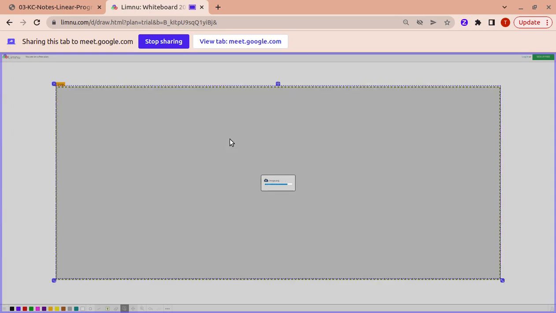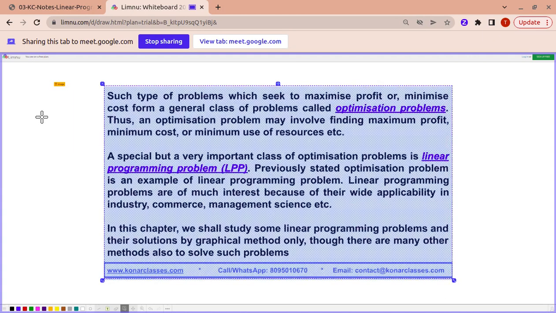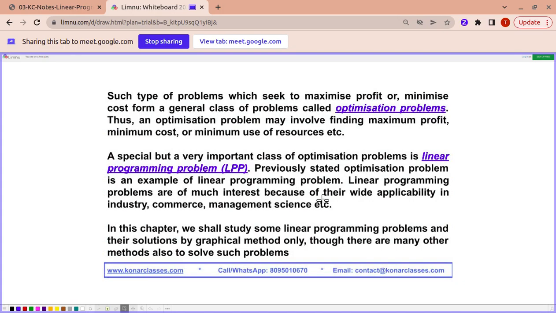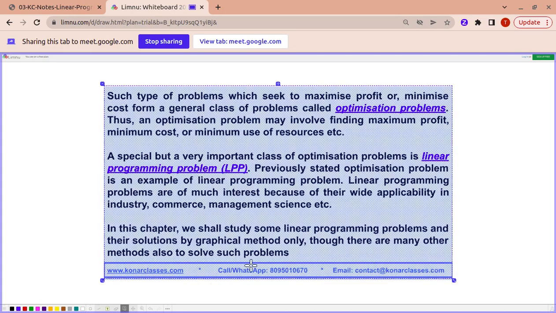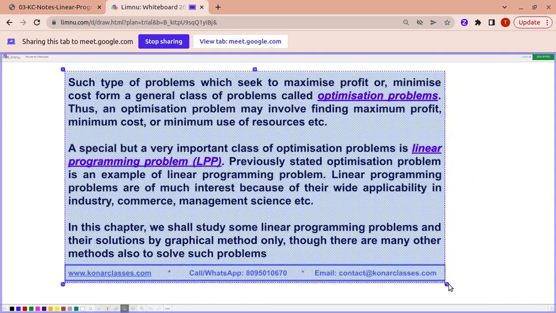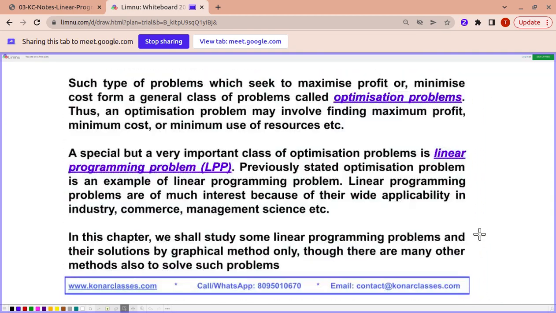Now the problems I just mentioned are such types of problems which seek to maximize profit or minimize cost. In the example I gave, it deals with maximizing profit, but for some other type of problem it can be minimizing the cost. Whatever the problem statement is, the end objective is either to find the maximum or to find the minimum.